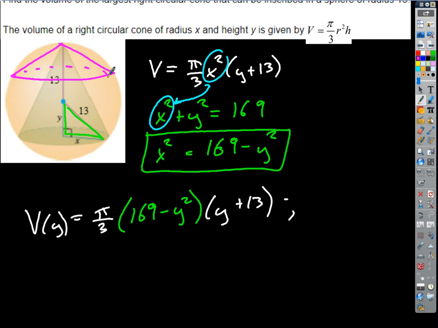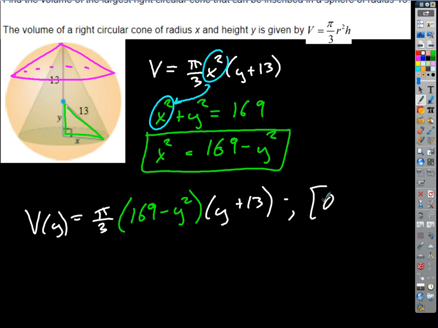That'd be pretty dumb, right? Because for the same radius, we could have a bigger cone. So the smallest y would ever be is 0. Probably not a wise choice, but it could be.